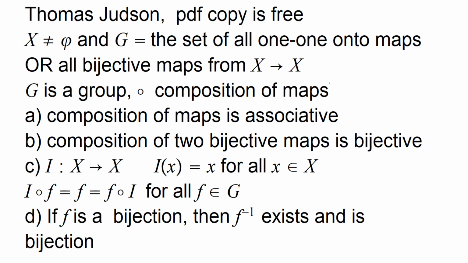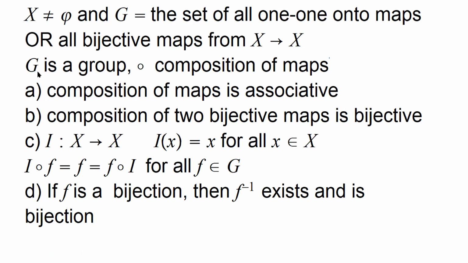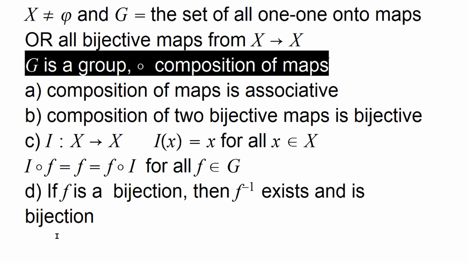So you can see that G is a group with composition of maps as the binary operation.